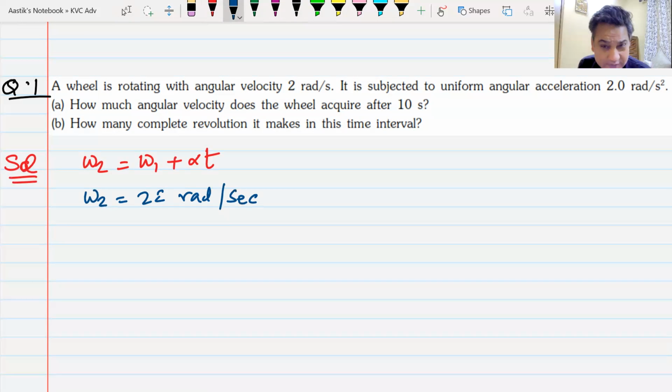How do you find out the complete revolutions?